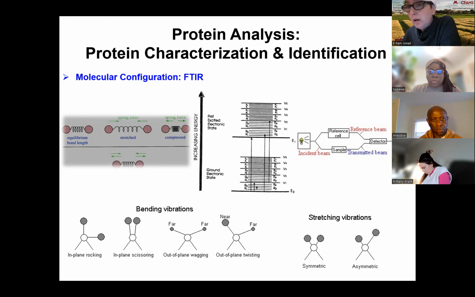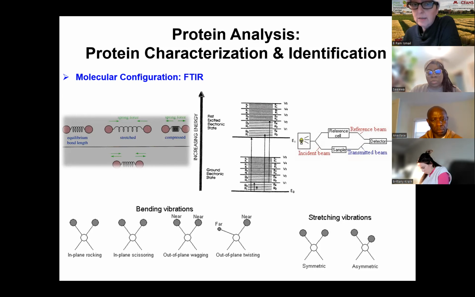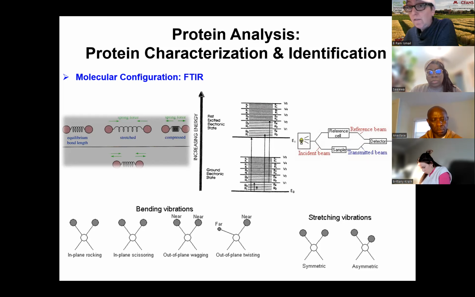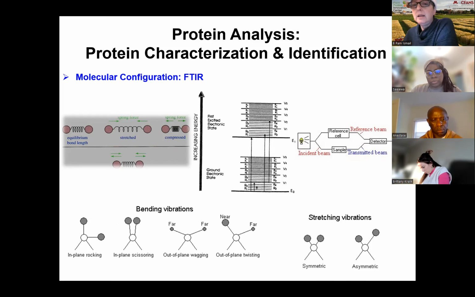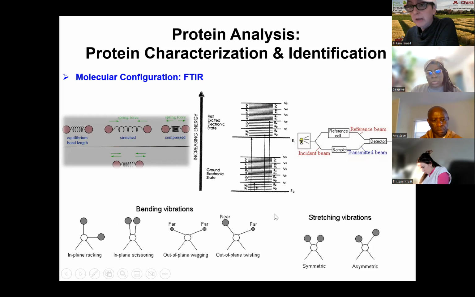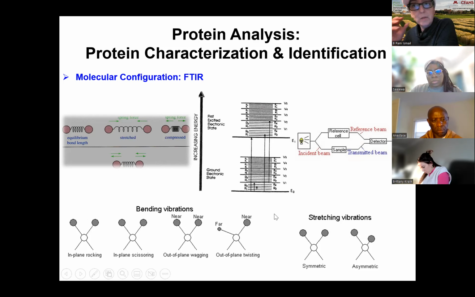So this is something we cover in depth in undergraduate classes, so I'm not going to go into that principle other than reminding you that this is bending, stretching of bonds, and it's vibrational energy. All the molecules have bonds, and they're always in movement.